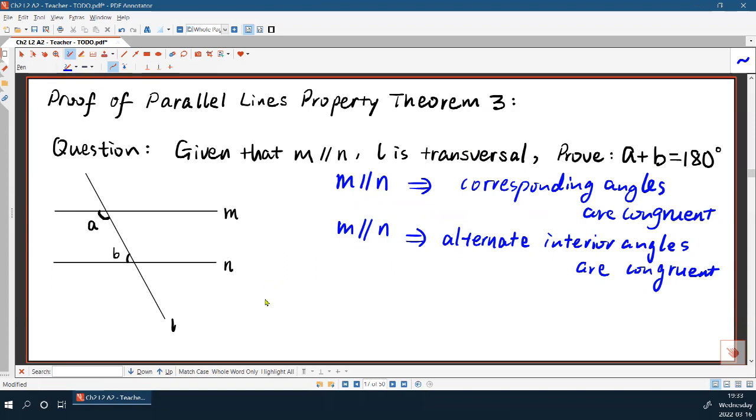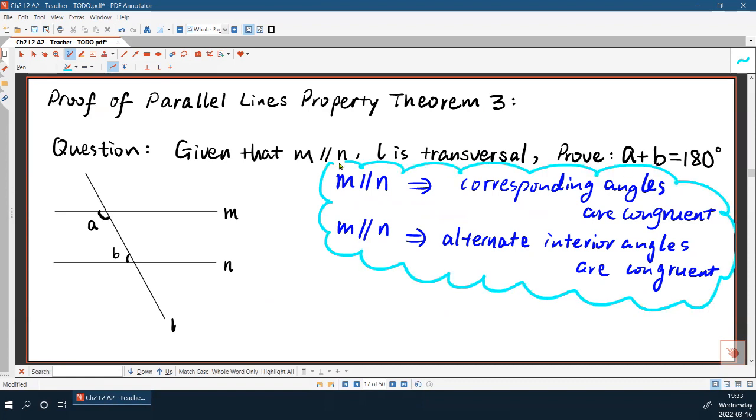Can you see that? You can use either of these theorems here or combined to prove that A plus B equals 180.